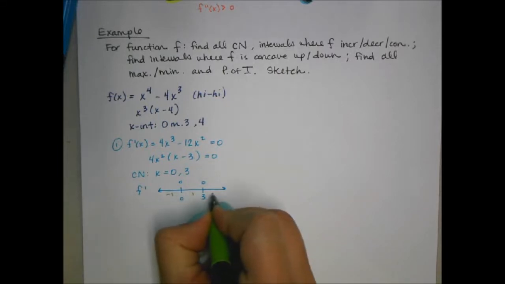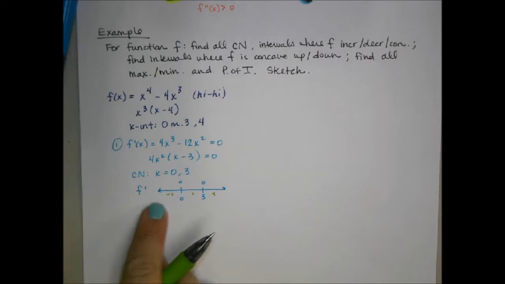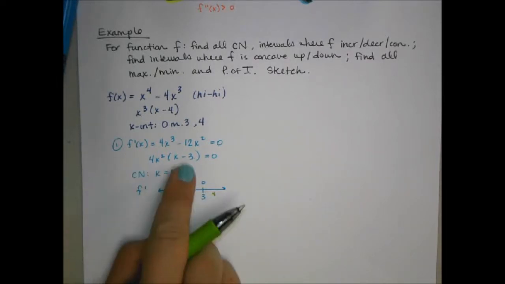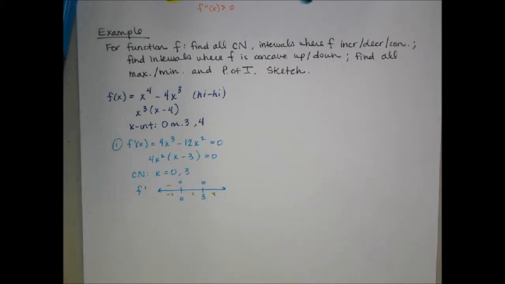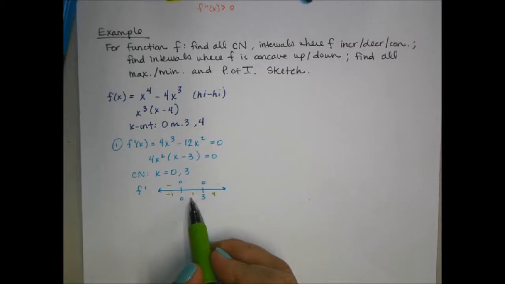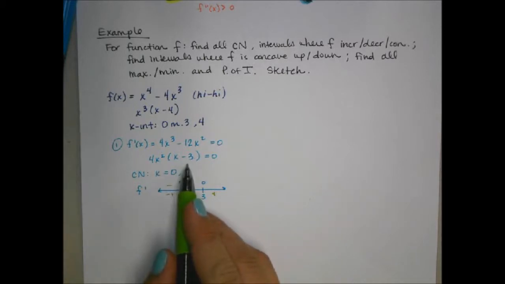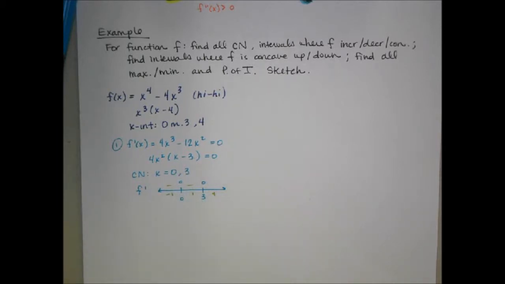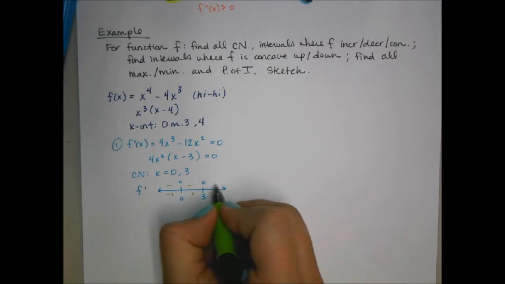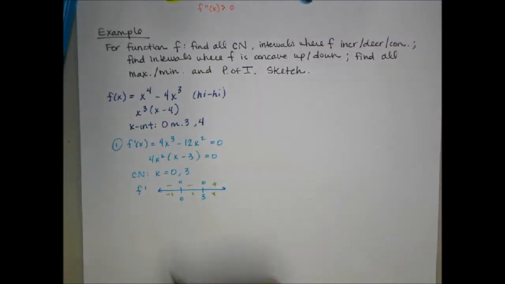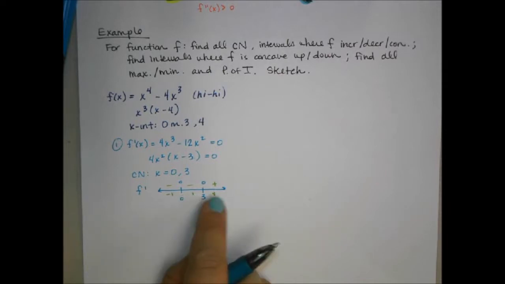So plugging these numbers back into my first derivative, if we plug in -1, we're going to end up with a positive times a negative, which is a negative. Plugging in 1, we're going to end up with a positive times a negative, which is also negative. And plugging in 4, 2 positives, which will give us a positive. So this tells me where f is decreasing, still decreasing, then increasing.